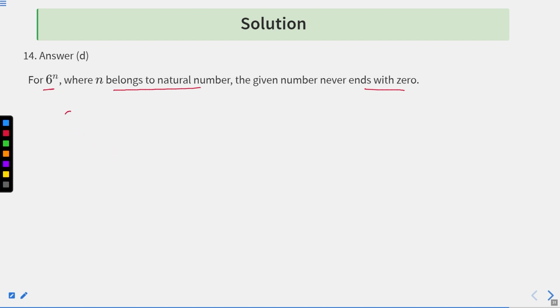But the prime factorization of 6 to the power n is equal to 2 times 3 whole to the power n. So in the prime factorization of 6 to the power n, there is no 5. So 6 to the power n never ends with 0.